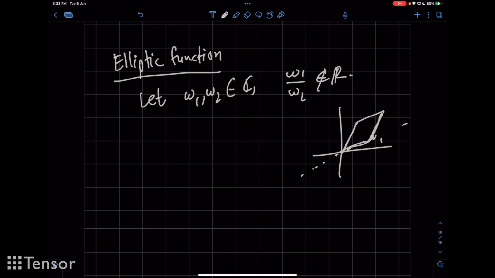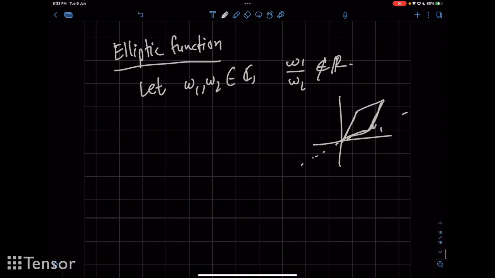Since omega 1 and omega 2 are two linearly independent vectors, all complex numbers can be written as a unique linear combination of omega 1 and omega 2, right? So all z can be written as alpha omega 1 plus beta omega 2, where alpha and beta are real numbers.